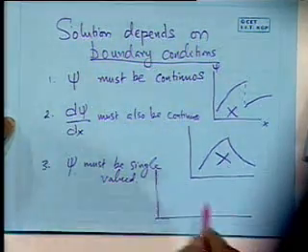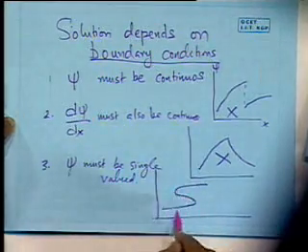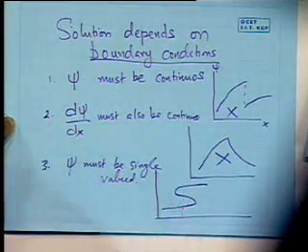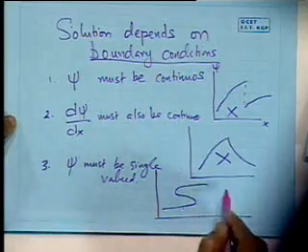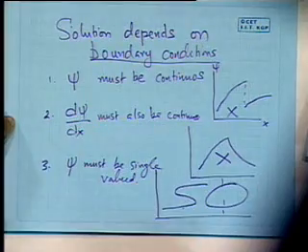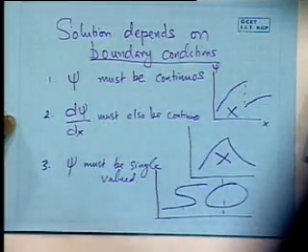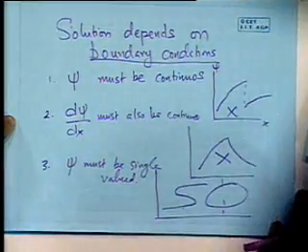By that we mean that a function which may look like this, where there's more than one value for a given x, is not acceptable, or a loop, something like this, where again we have more than one value. So some functions are automatically excluded from the realm of solutions by these boundary conditions.